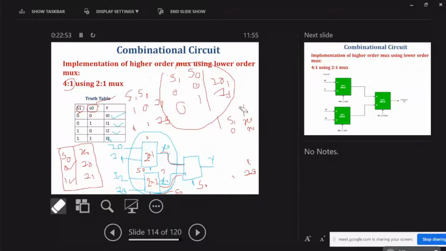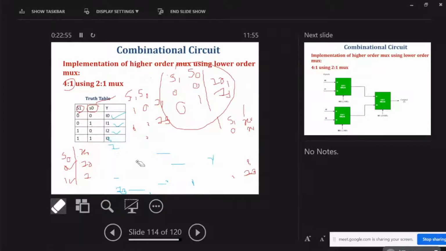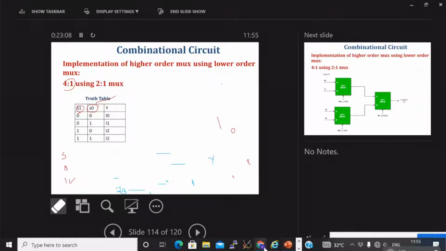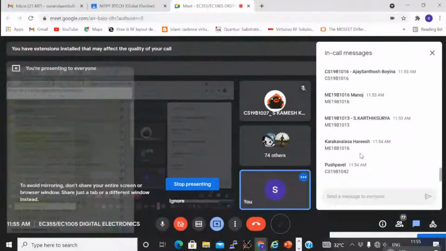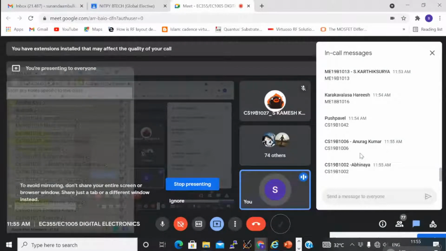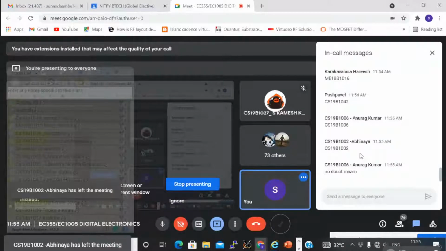Any doubt? Clear? Anyone, any kind of doubt, please tell me. No doubt? Anurag Kumar, tell me. No doubt. Okay.